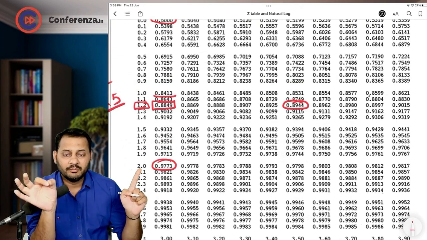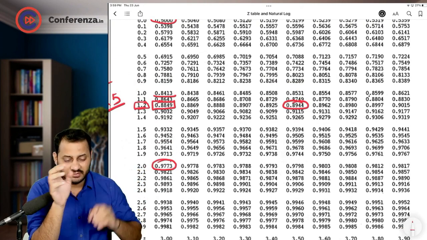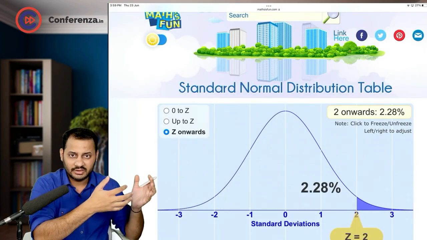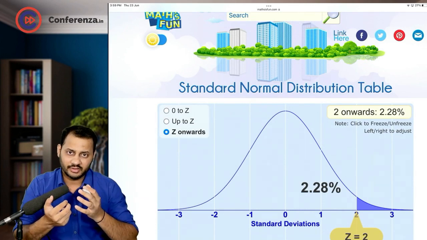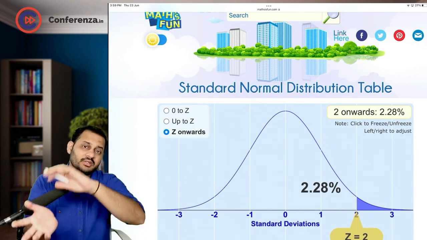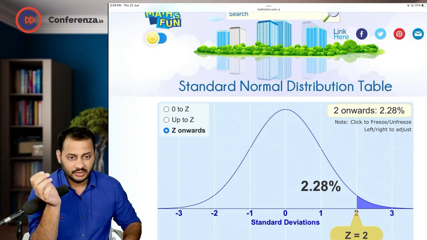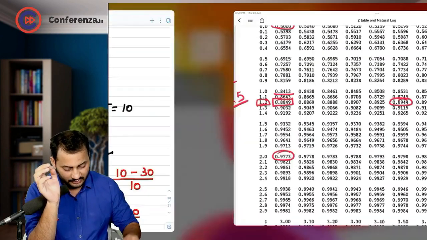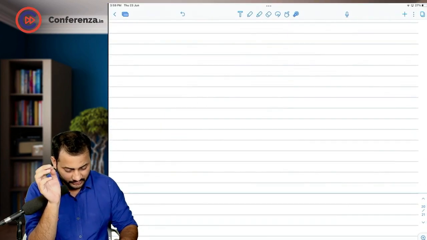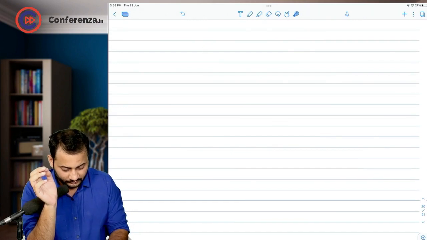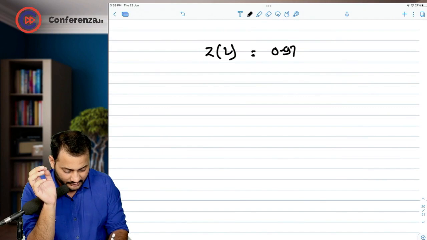The probability of 2 is 0.9773. That 0.9773 is the entire left side value right now, because it is cumulative, it covers up the rest of the area. Let me show you here, it is 0.9773. It covers the entire left area. Why?